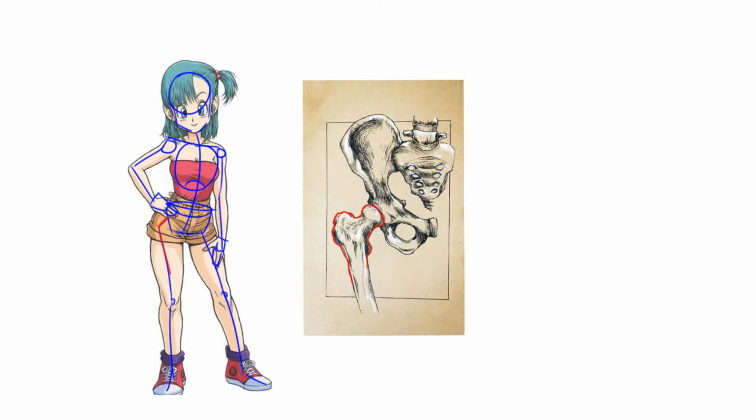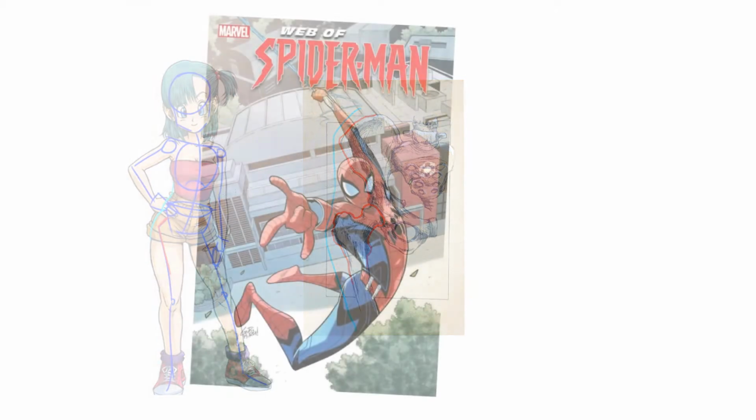These points are the greater trochanter and the corners of the pelvis. The reason why this is important is because they are responsible for creating the contour of the hips, like in this.